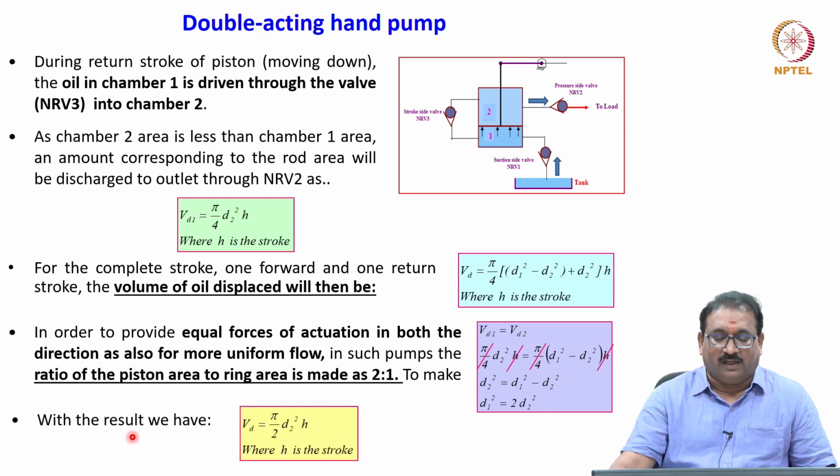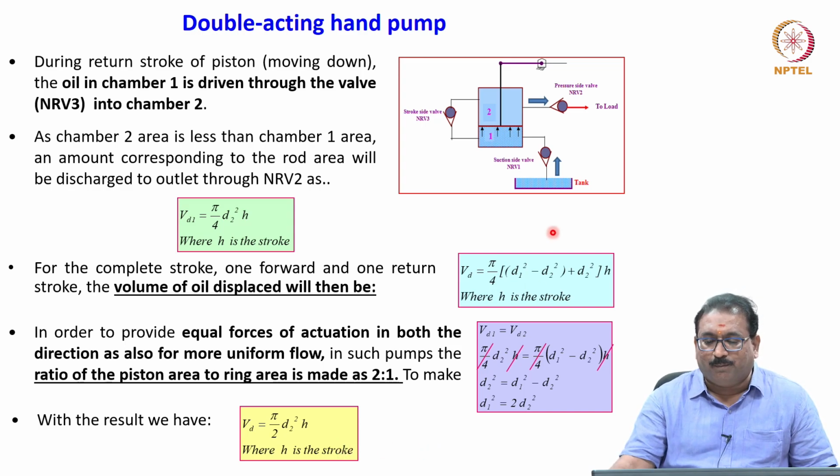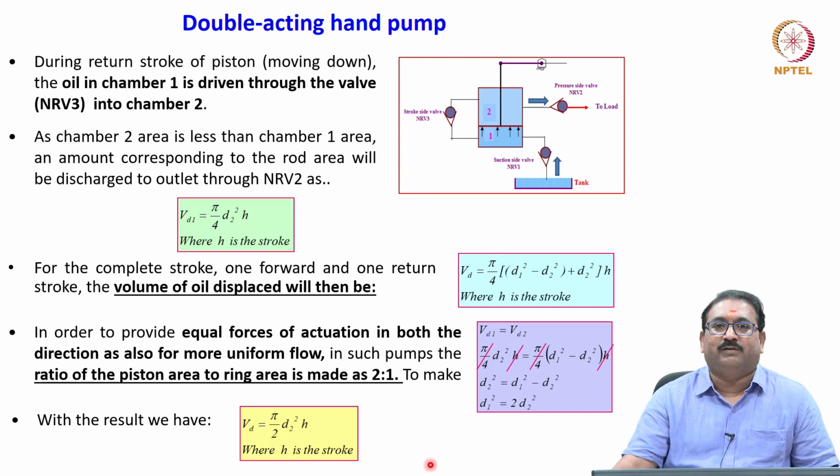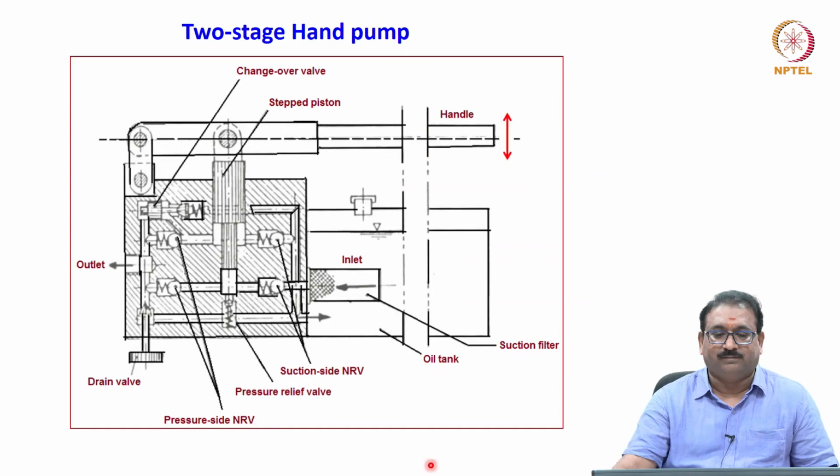Meaning, the result is Vd equal to pi by 2 d2 square into h, where h is the stroke. Using simple geometrical relations, we are able to calculate the geometrical displacement of the pump.